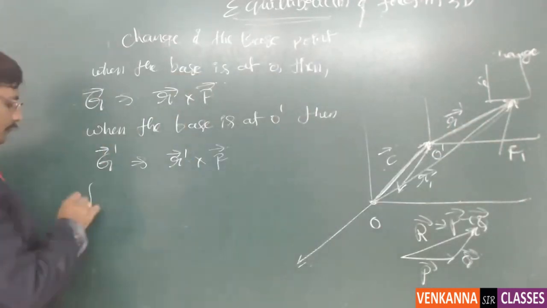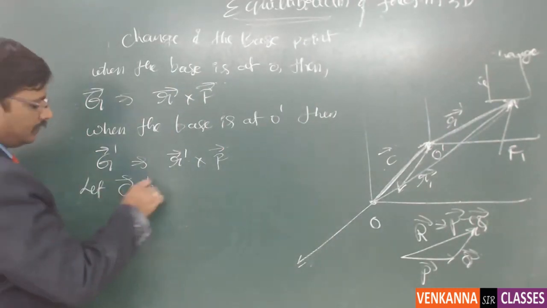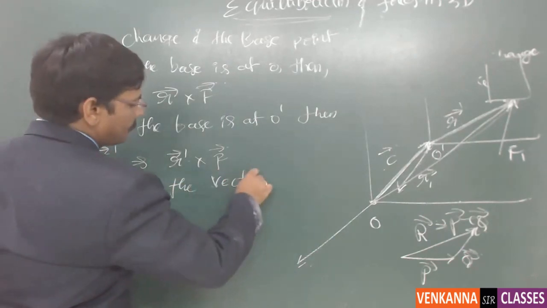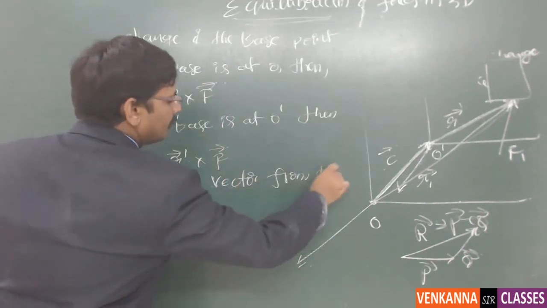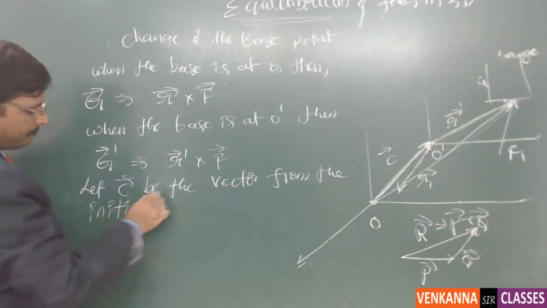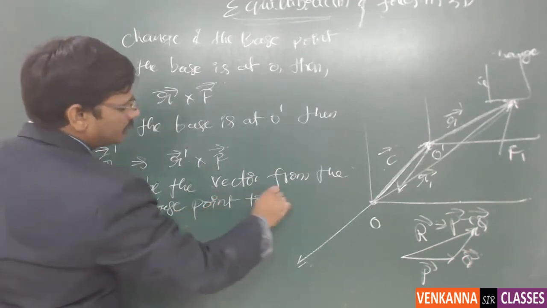So from the triangle, let C be the vector from the initial base point to the new base point.